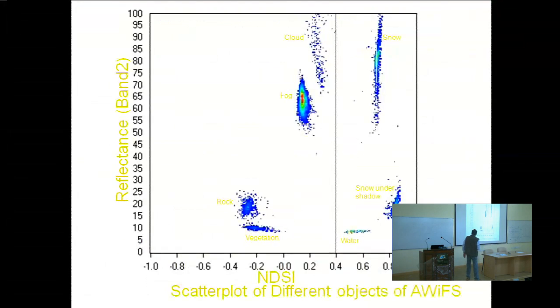And you can see here it is plotted, and you can see how you can have different land features: here it is snow, then snow under mountain shadow, over here there is the water, over here the clouds, fog, rocks, vegetation. So you have somewhere around 0.4 as a boundary between snow and non-snow.